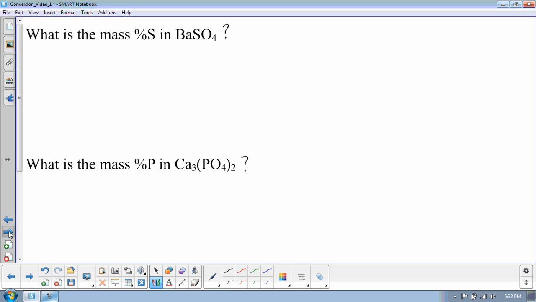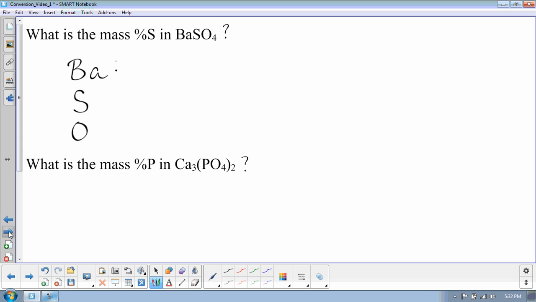So if you watched the past two videos, I wrote out the way to write the molar mass in a specific way. I listed each individual element in a row, and I multiplied each individual component out, and then I added them together. There's a reason I did that, and that reason is for this type of question.